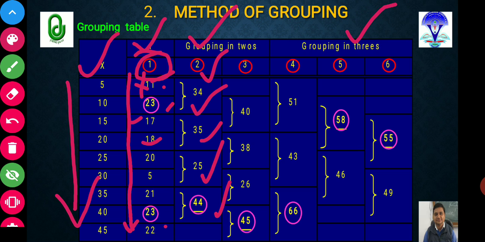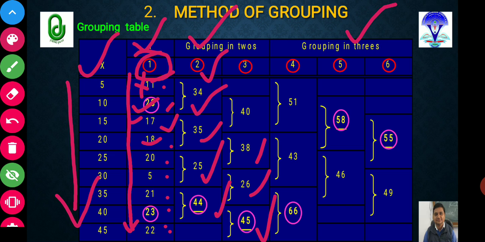So we will add 23 plus 17 is equal to 40. Similarly, the next value 18 plus 20 is equal to 38. Then 5 plus 21 is equal to 26. Then 23 plus 22 is equal to 45.